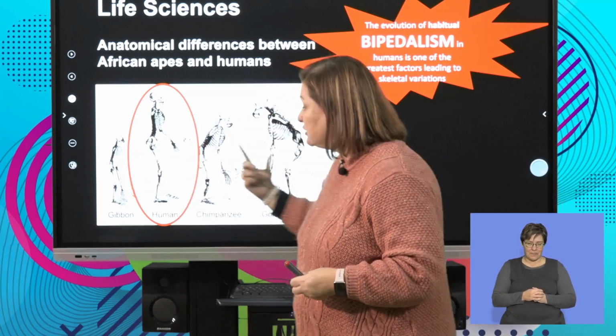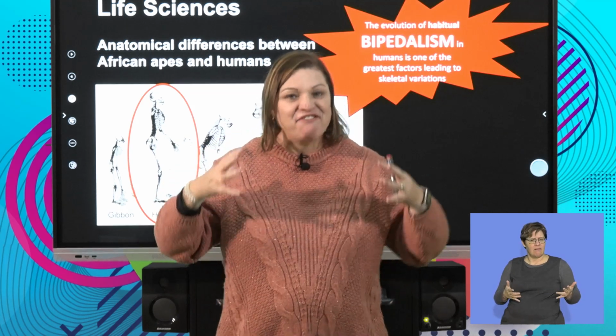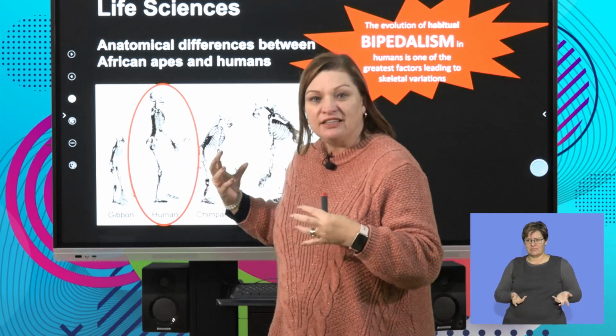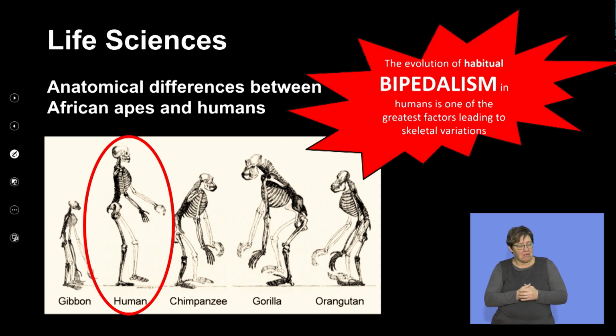Now, if you have a look at the skeletons behind me, you can see that they all have things in common. We look at the skeleton, right? Let's look at the skeleton. That's what you're looking at, anatomy. So if I look at what it looks like, I can see they've got things in common, but I can also see that they have things different.